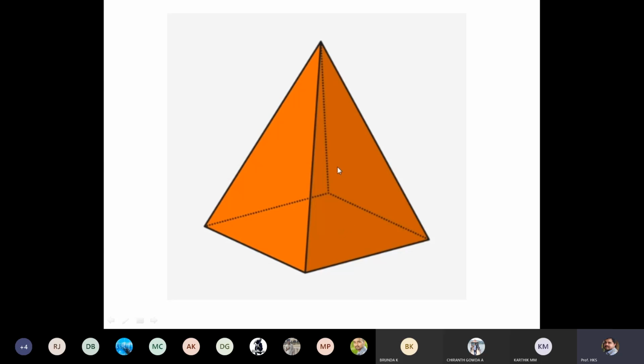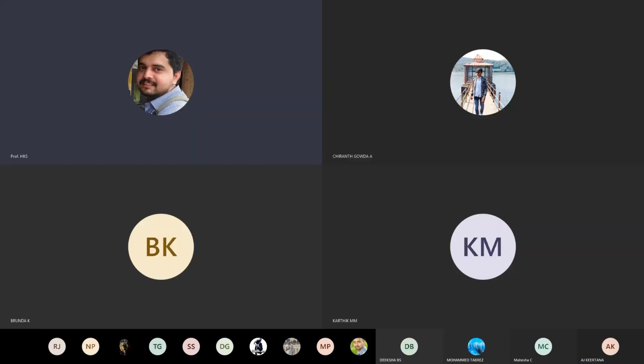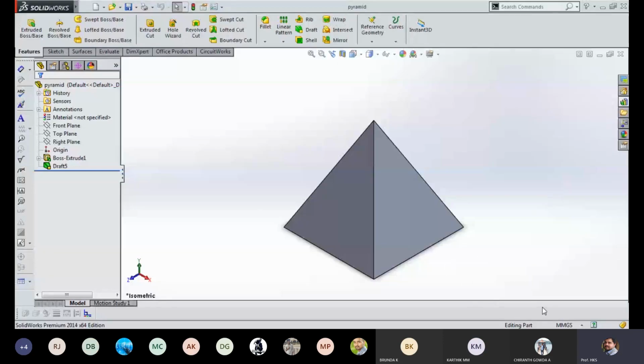So I will open the pyramid in one of the software, so there you can visualize the pyramid in different orientations. I will open it in SolidWorks software. Are you able to see the pyramid here?